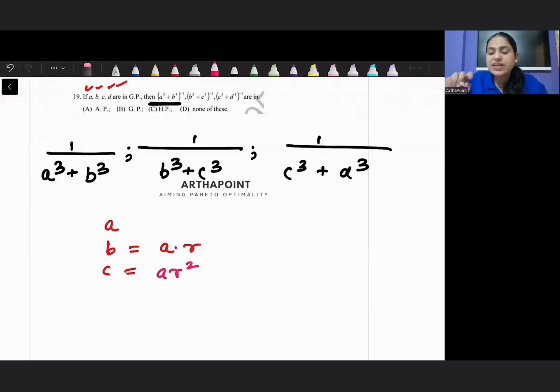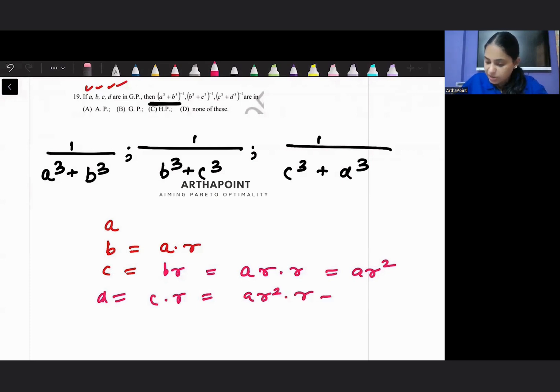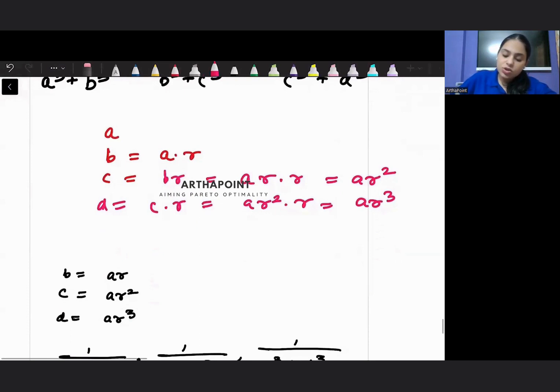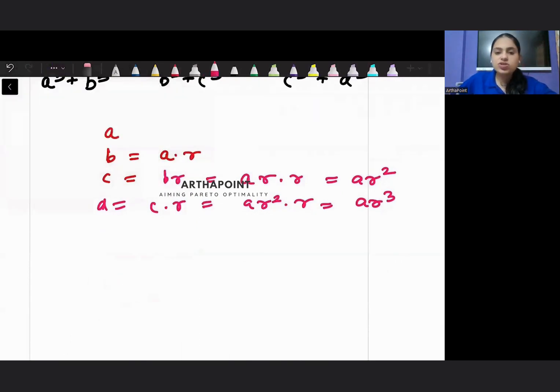Again, multiplying it by the common ratio, C can be B times the common ratio. So it will be AR into R, so AR square. D can be C times the common ratio, so AR square into R, so AR cube, and so on and so forth.